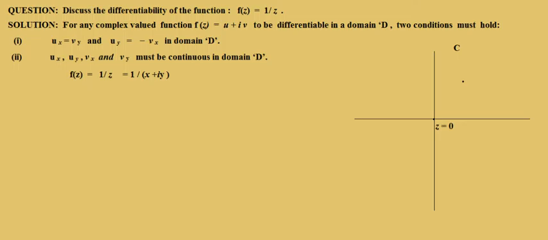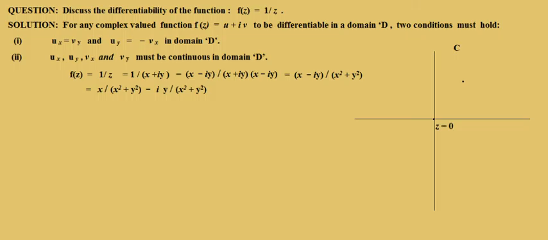For separating real and imaginary part, we will have to multiply and divide this by the complex conjugate of x + iy, that is x - iy. So it will become (x - iy) upon (x² + y²), or it also can be written as x upon (x² + y²) minus iy upon (x² + y²).